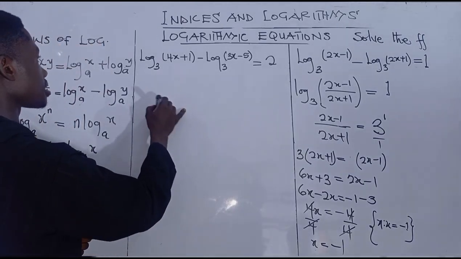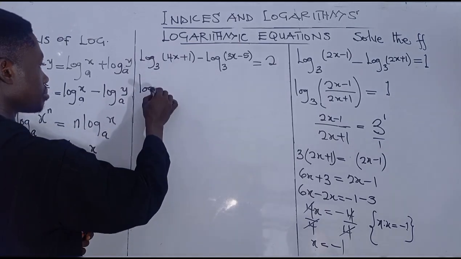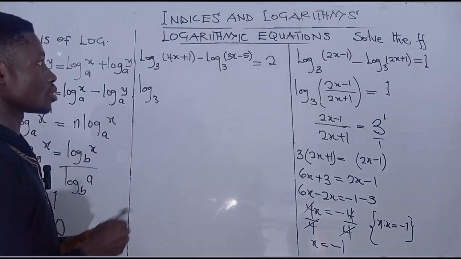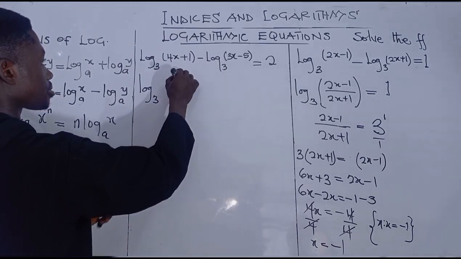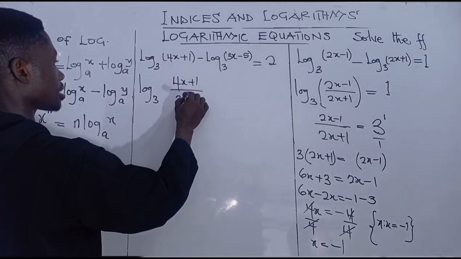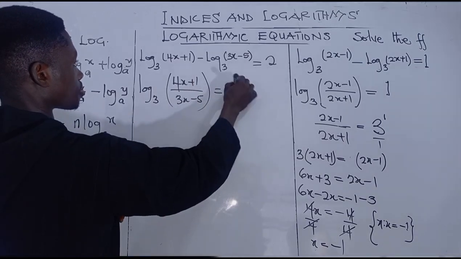So applying the same concept, since the bases are the same, and they are subtracting, we can apply the division law. So you have 4x plus 1 all over 3x minus 5 giving us 2.